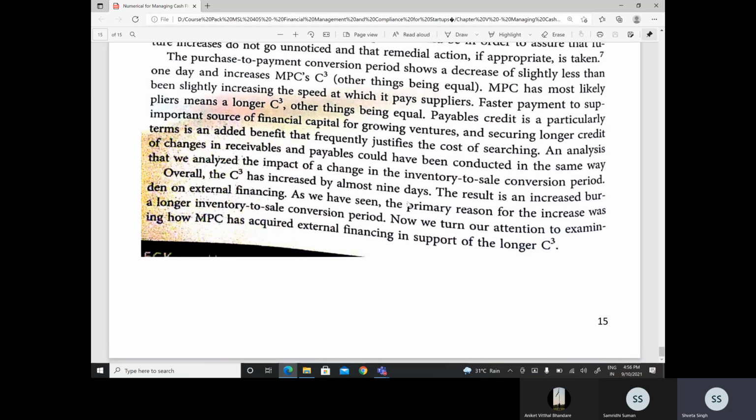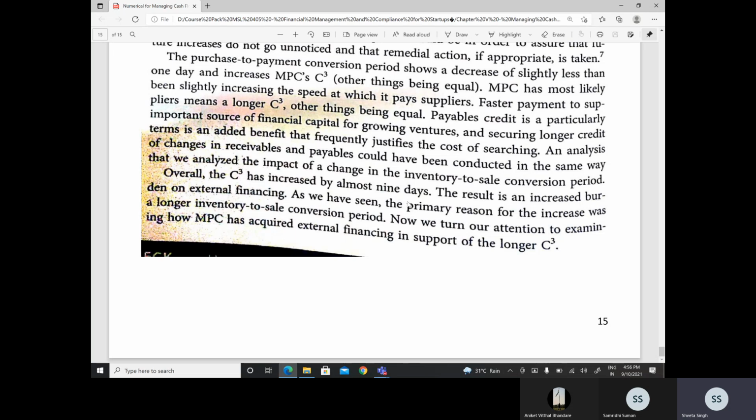Payables credit is particularly an important source of financial capital for growing ventures, and securing longer credit terms is an added benefit that frequently justifies the cost of searching. An analysis of changes in receivables and payables could have been conducted in the same way that we analyze the impact of a change in the inventory to sale conversion period.